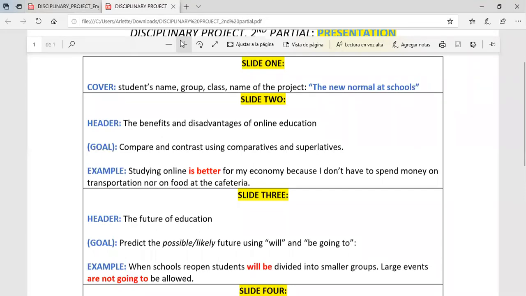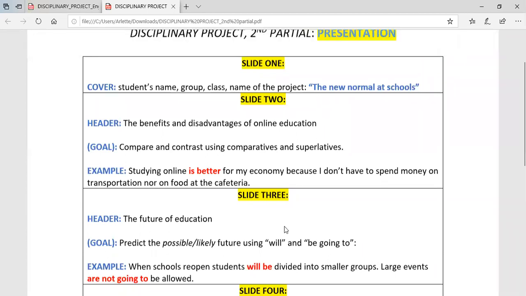You can say, I think, I don't think, I guess, I suppose. Okay, you can say, I think schools will, or I don't think schools will, or I guess, I suppose, etc. Because remember that with will, we use those expressions because they are based on our opinion.